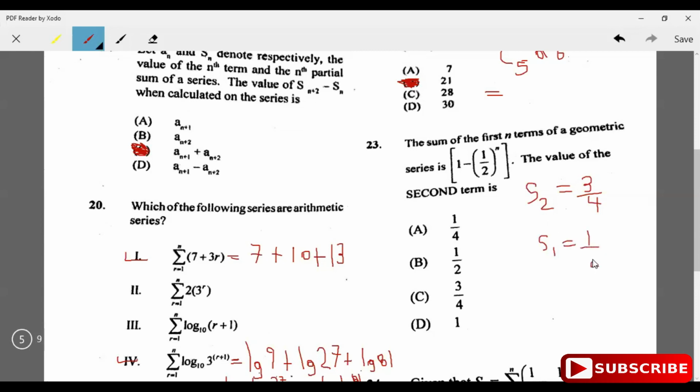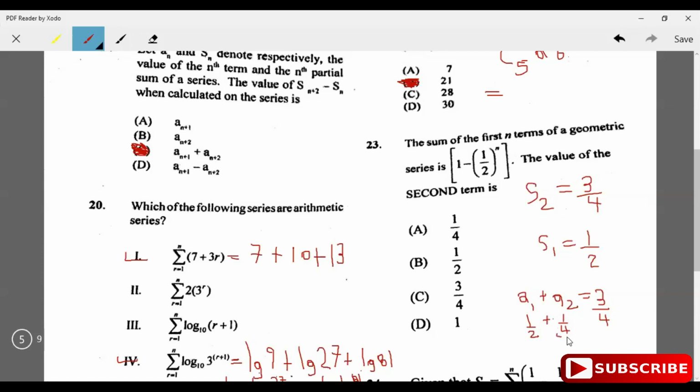The second term is going to be a1 plus a2. That's what gives you S2. A1 plus A2 gives you 3/4. So A2 is really a quarter, because a quarter plus a half gives you 3/4.